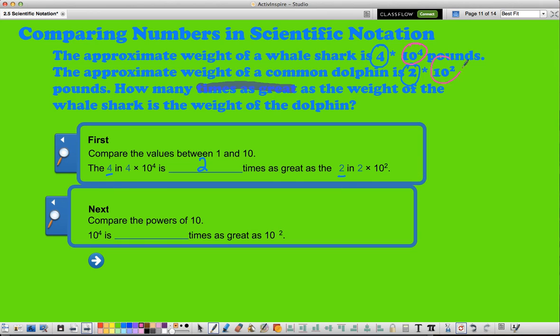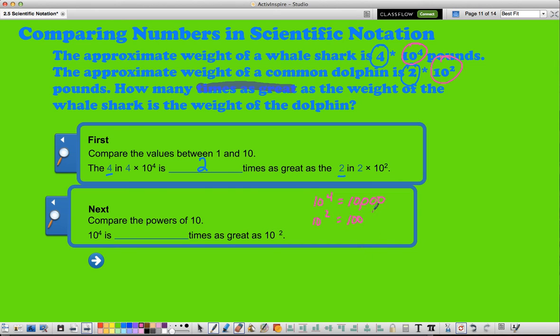Your second piece is to compare your powers of 10. We like to look at this and think, ooh, it's 2, but that's not the case. Just because 4 is 2 bigger than 2, you have to look at what this actually means. So 10 to the 4th actually means 10,000, and 10 squared means 100.